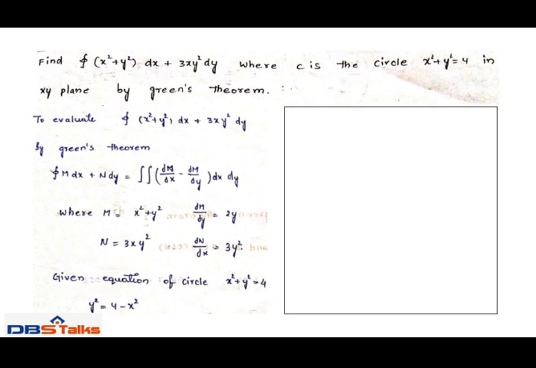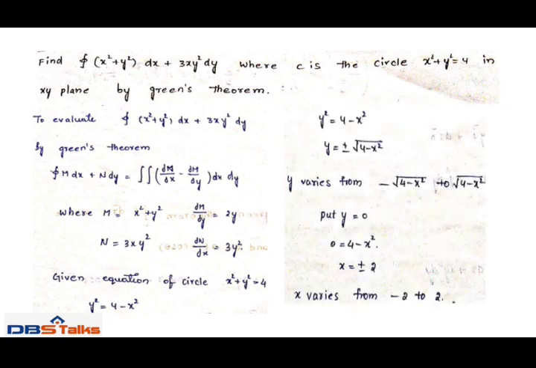Next we have to find the limits, x limits and y limits. In this problem, the given circle equation is x² + y² = 4. First we find the y limits. In this equation, y² = 4 − x², so y = ± √(4 − x²).